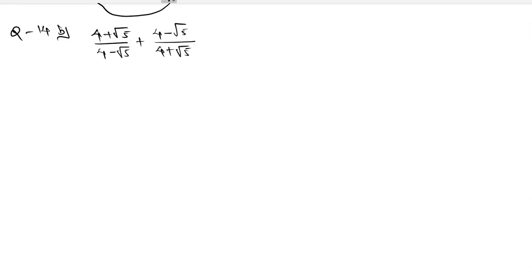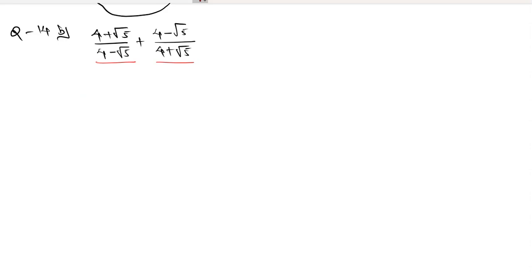The question is simplify. So see, there are 2 methods now to simplify this. Either you can take each of the fractions separately and then rationalize the denominator, and then add the answers.